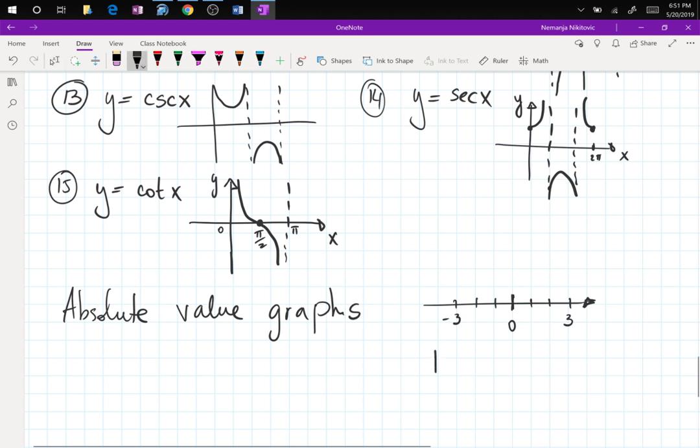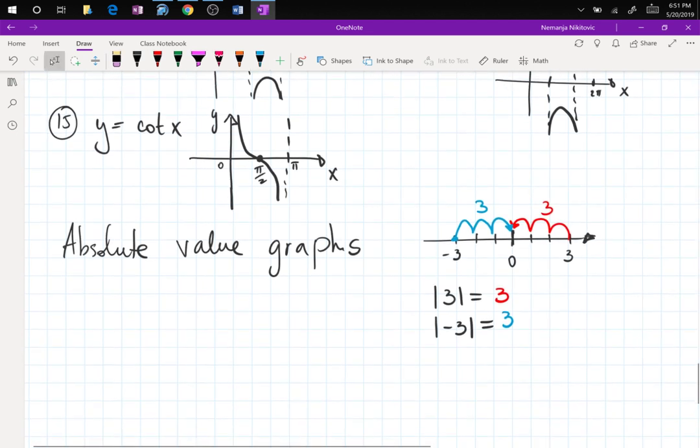I have absolute value of 3 is equal to, and absolute value of negative 3 is equal to. Now, when I am at 3, I make 3 hops to get to 0. When I am at negative 3, I make 3 hops to get to 0.